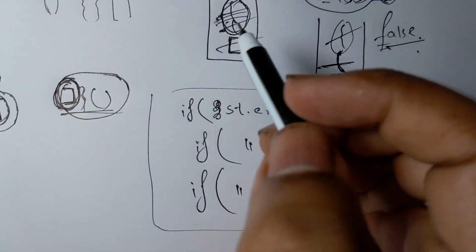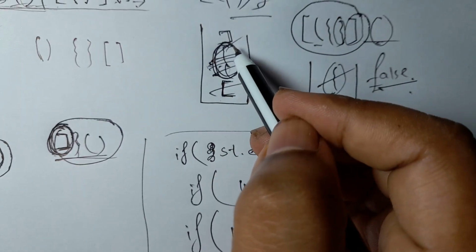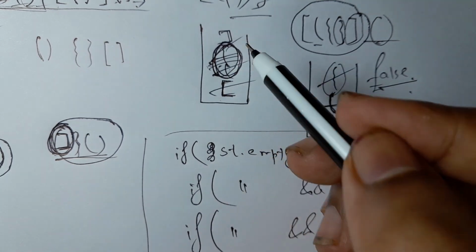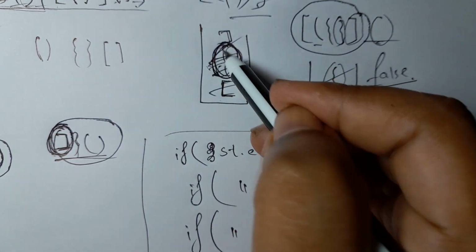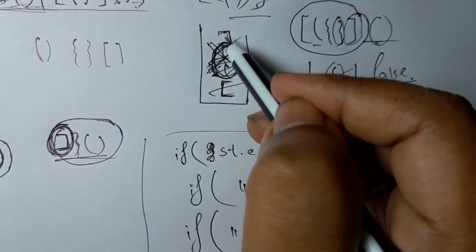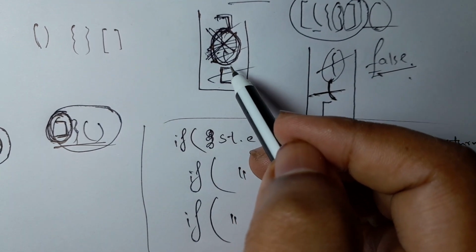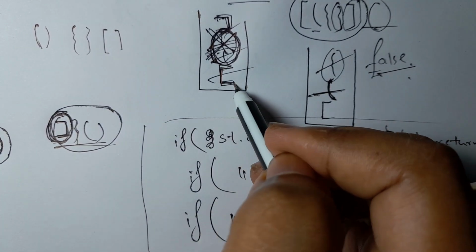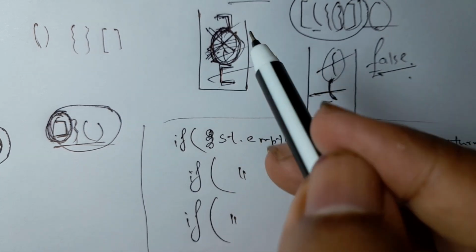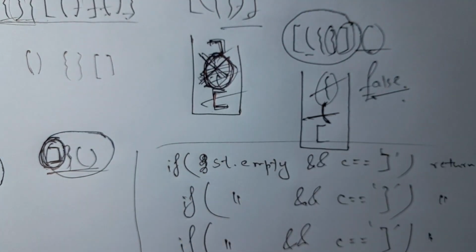If this part in the middle cannot nullify each other, then I have to wait for the closing braces to nullify it. So how can I wait? I have to push it into the stack and wait for any of the closing braces to come and nullify it.